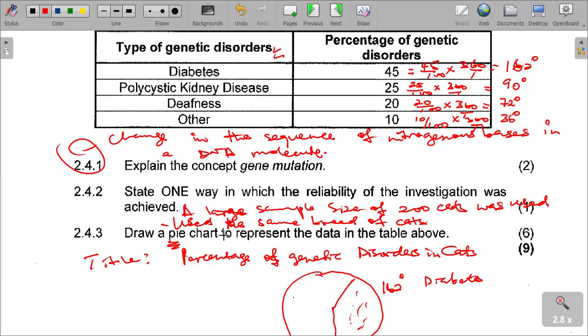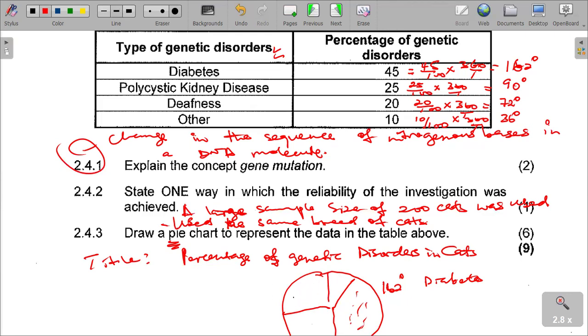Then the other one is deafness, which is 72 degrees, and the smallest is 36 degrees.